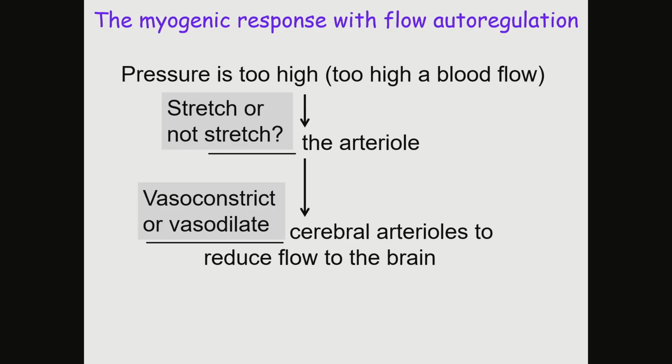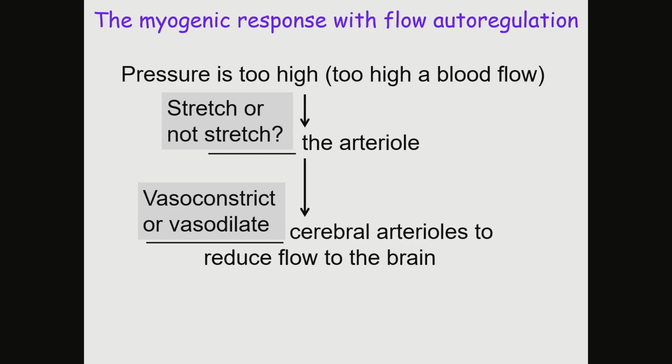And that pressure within the artery is much higher. And so would that stretch or not stretch the wall of the artery? If the pressure is higher, that would stretch it. And I'm talking about the arteriole. Remember, these don't have a lot of elastic fibers, but this is acting as a pressure, or a stretch receptor.